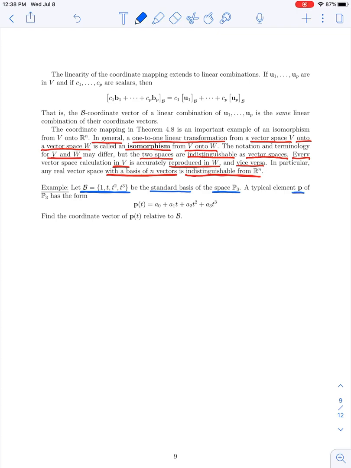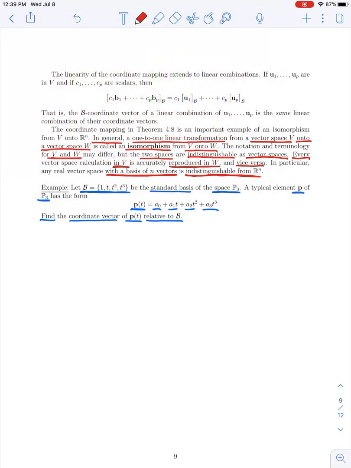Now, any typical vector p within the space P3 can be written in the following form. So p of t, a general polynomial of degree 3, could be expressed as a0 plus a1 times t plus a2 times t squared plus a3 times t cubed. So here we are asked to find the coordinate vector of that polynomial relative to this basis B.